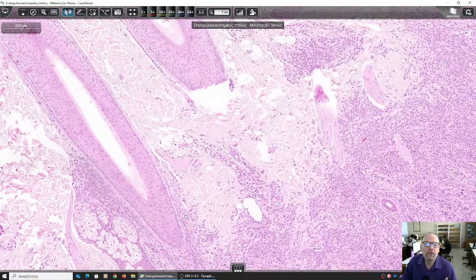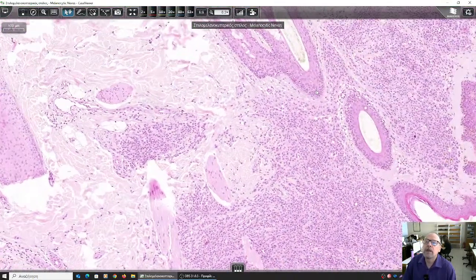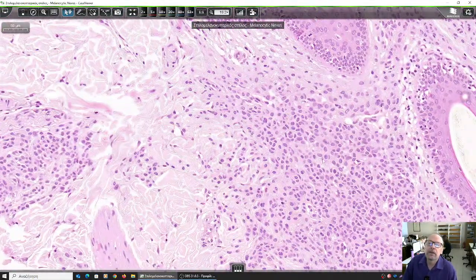This is a sign of maturation that a melanoma would not do. And especially, you see the cells? Look at the cells here, and look at the ones in the deeper part of the nevus. You see they are smaller cells. This is evidence of maturation. This would not be present in a melanoma.